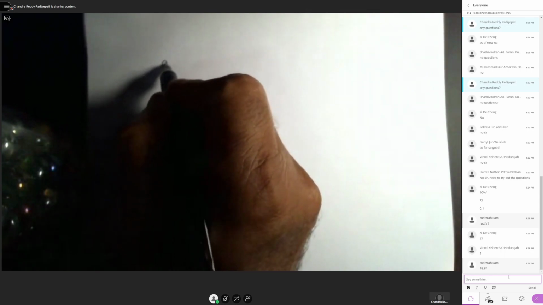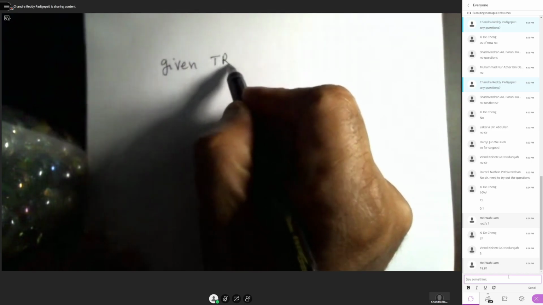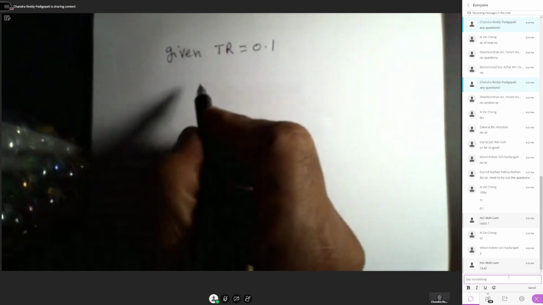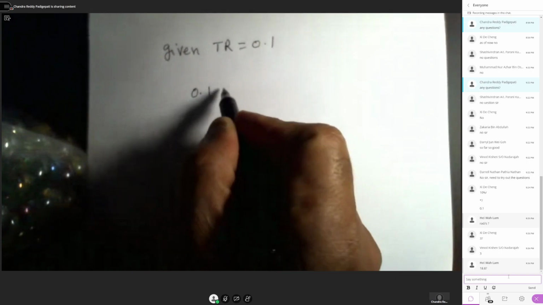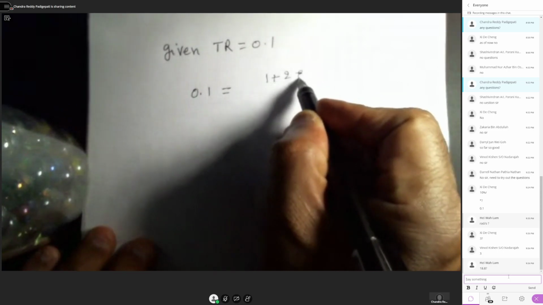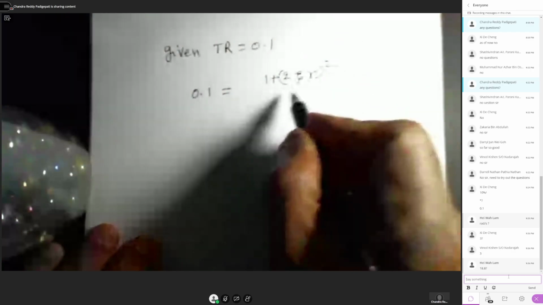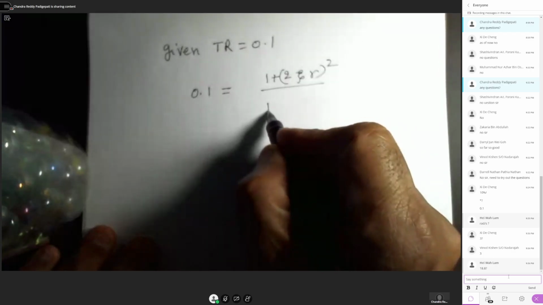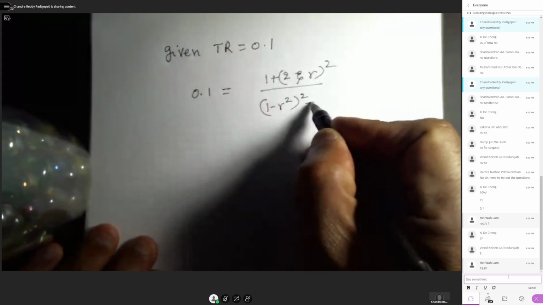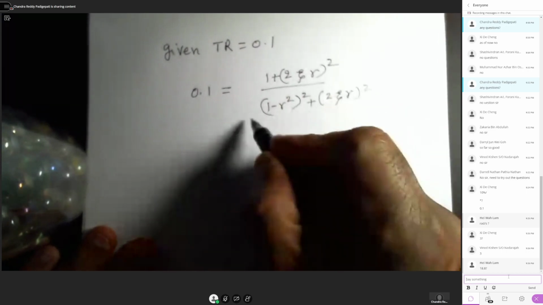Okay, so given transmissibility 0.1, we can write 0.1 is equal to the square root of 1 plus 2 eta r whole square, over 1 minus r square whole square plus 2 eta r square.